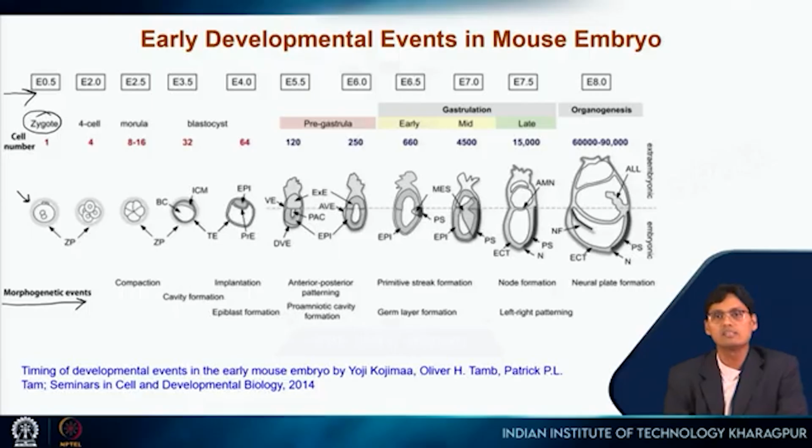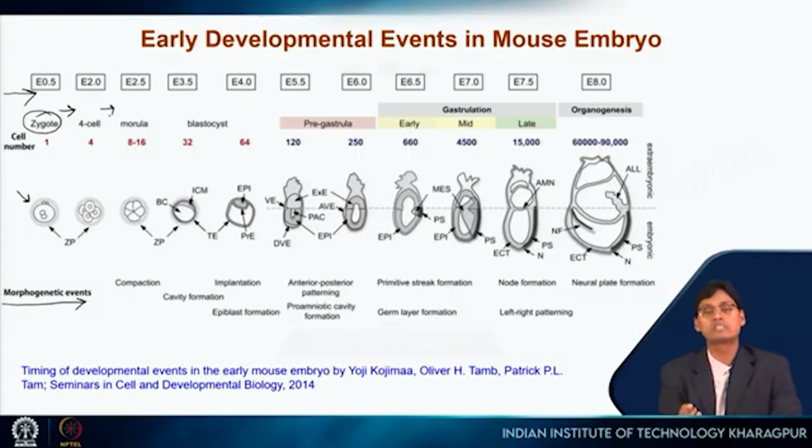Just one cell. Just fertilization happened, and then it goes like this. Some cell division happens, then 4 cells, then 8 to 16 cells. But remember, in case of Drosophila, I mentioned that initially just the nucleus divides. In this case, no. Normal cell division is happening.